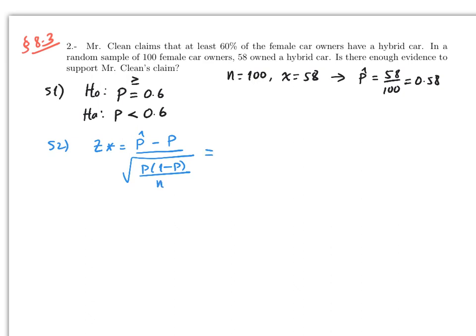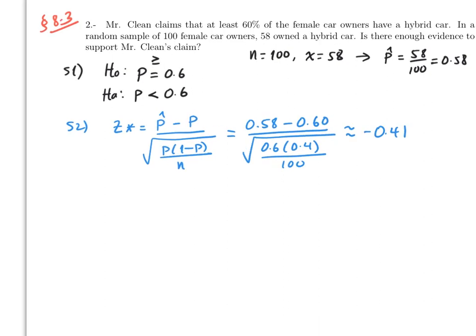If we plug in the values we have, this is 0.58 minus 0.60 over the square root of 0.6 times 0.4 over 100, and this is around negative 0.41.